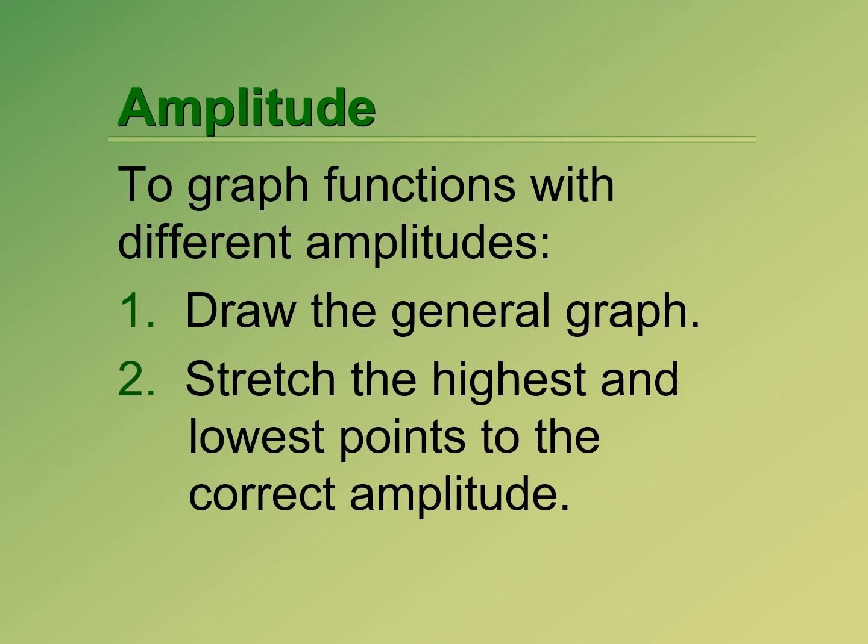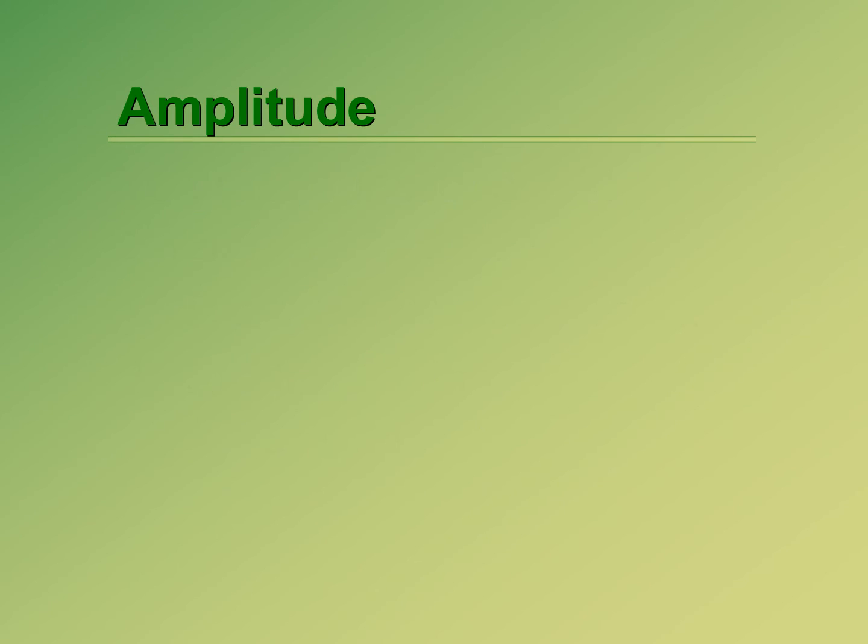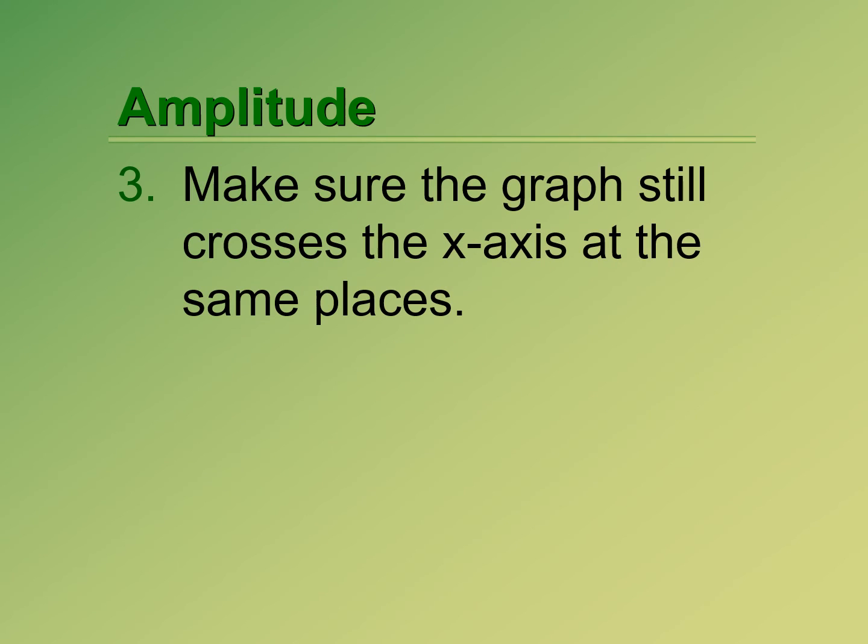So it would be a positive number and a negative number. So if your amplitude was 2, then you should have a mark at y equals 2 where the top of the wave is, and then you should have y equals negative 2 marked where the bottom of the wave is. Make sure the graph still crosses the x-axis at the same places.